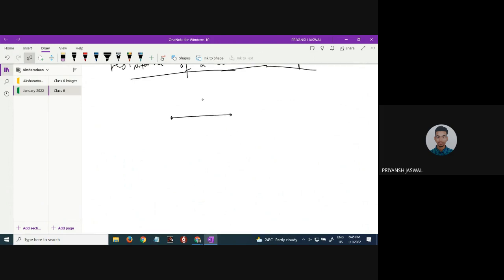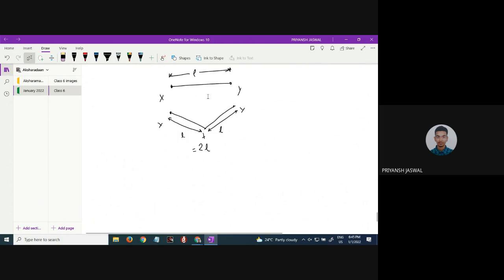Suppose this is the conductor and two terminals X and Y. This is another conductor, another wire of this shape. The first one, suppose, say its length is L, and for the second one, its total length is 2L. L for this part and L for this part.